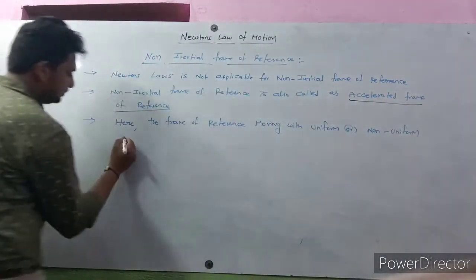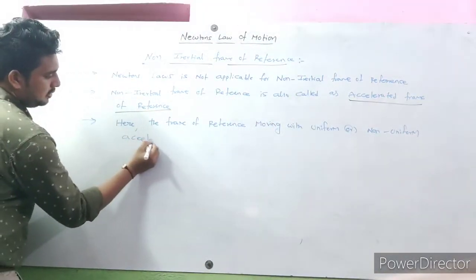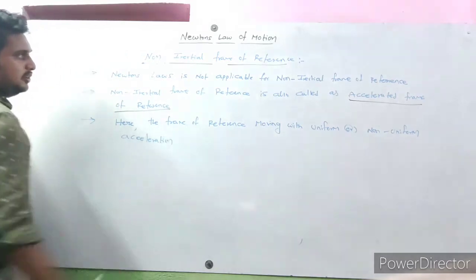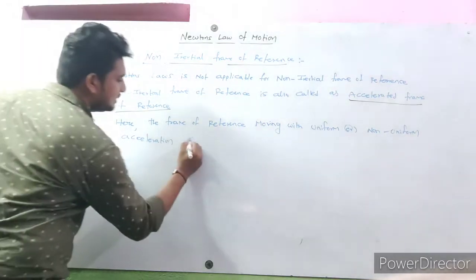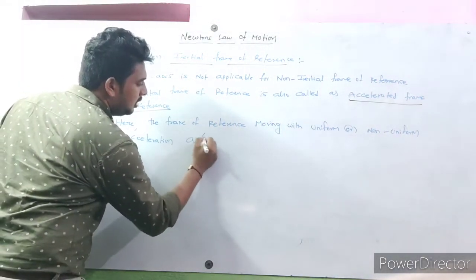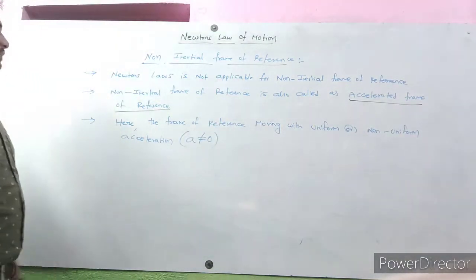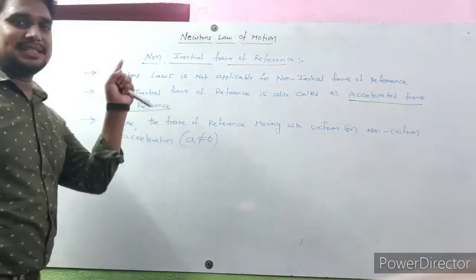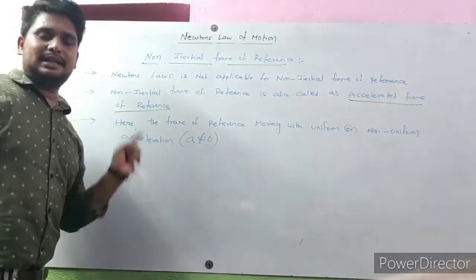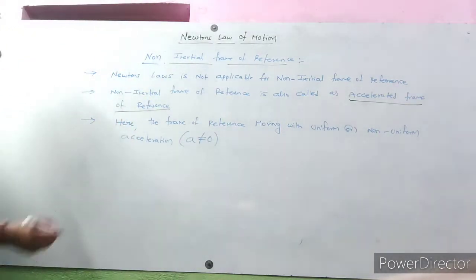Non-uniform acceleration. That means acceleration is not equal to 0 here. So here the frame of reference must be moving with some acceleration. It's not equal to 0. Okay. Next.